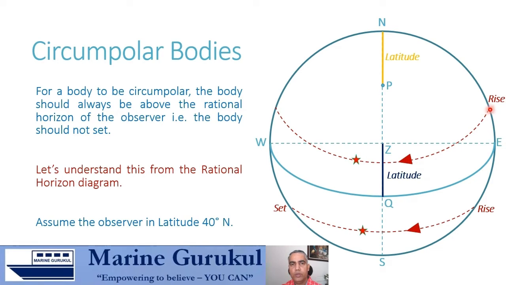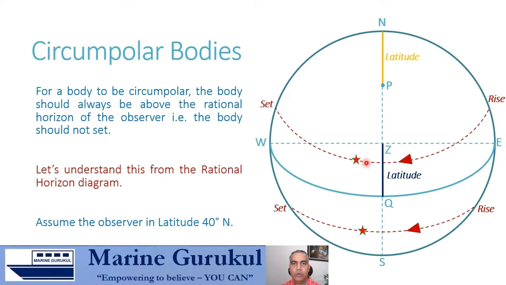The body will be rising at this particular point, moving in this particular direction, crossing the meridian here, and at this particular point the body is going to set. So we saw that even this particular body is not circumpolar. So it is not necessary that with latitude and declination of the same name a body should certainly be circumpolar.